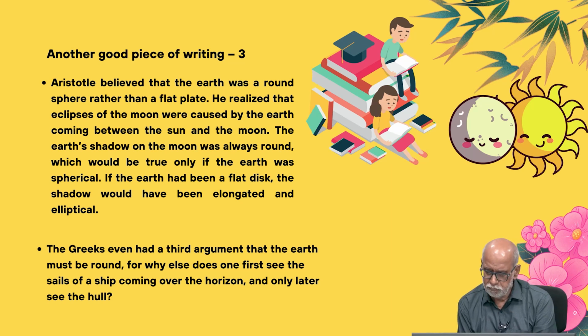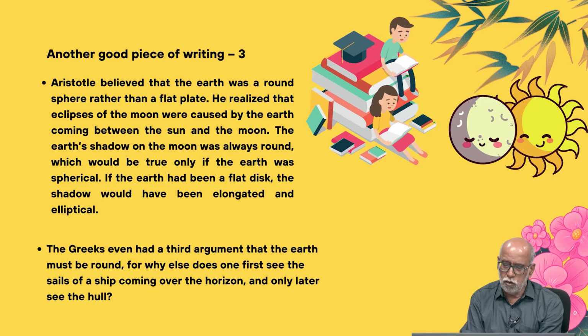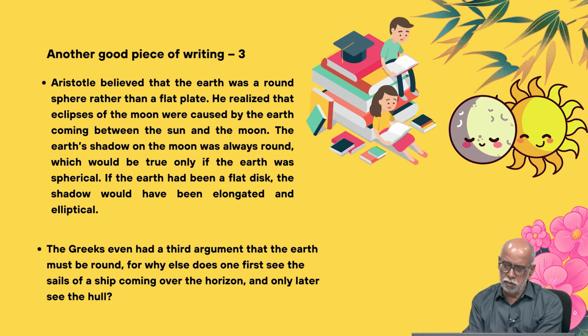If the Greeks did not have this third argument, then what else could one have found other than this? What they found is, because the earth is round and the ocean going ships move on it, we first see the sail of the ship followed by its mast, then the body of the ship, then the hull. Okay.